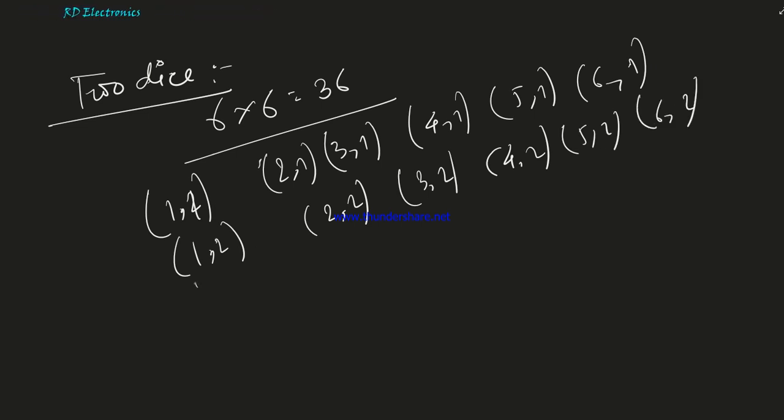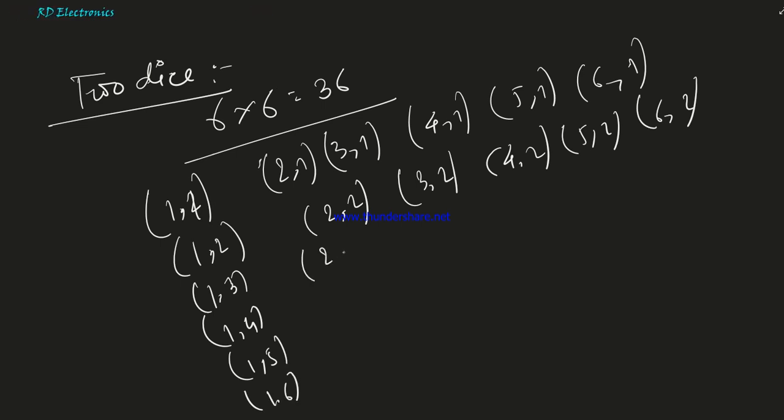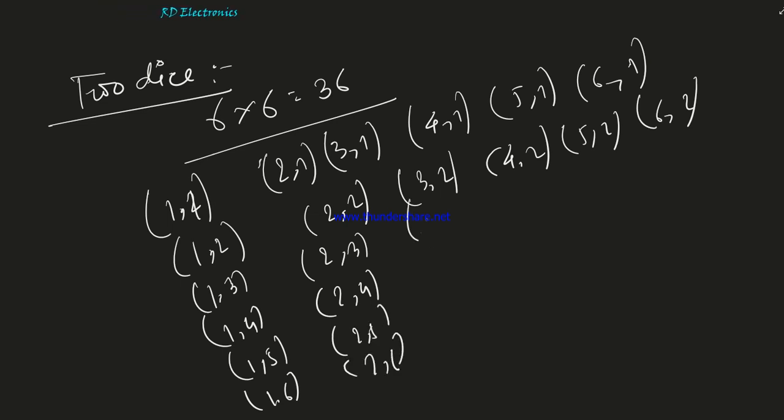Okay, now this is for 1,3, 1,4, 1,5, column wise, 1,6. Now 2,3, 2,4, 2,5, 2,6. This is 3,3, this is 3,4, and so on. So the last one is 6,6.